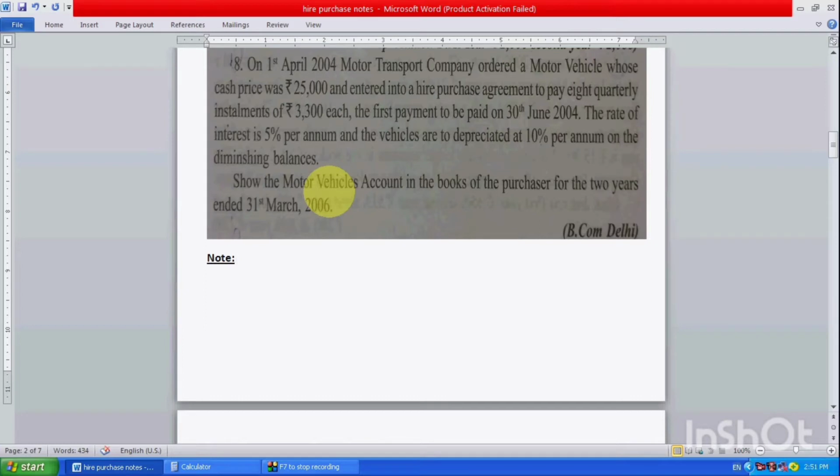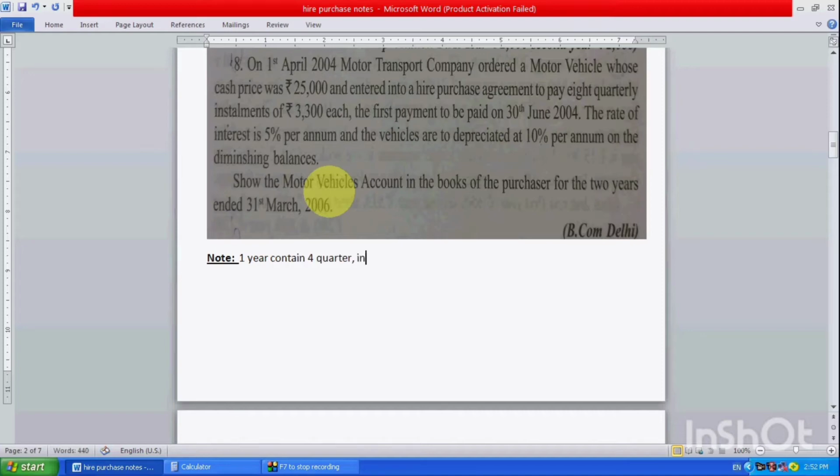Note: 1 year contains 4 quarters. Every quarter we have to pay interest.